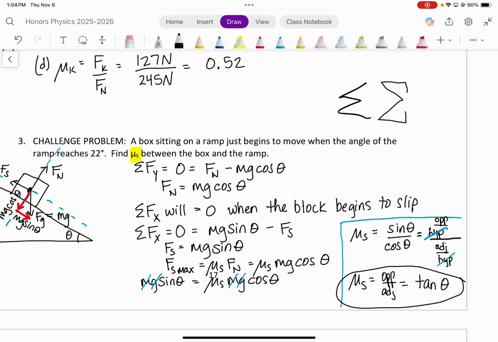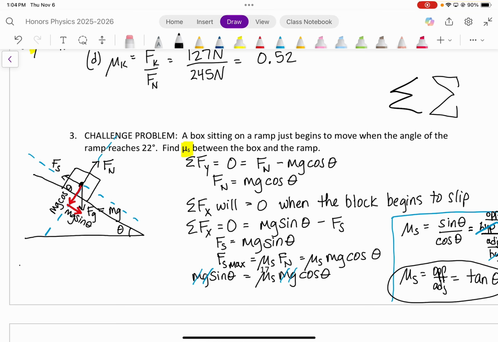So now I can come over here and say, okay, mu s for this situation, when theta equals 22 degrees, is going to equal tangent of 22 degrees.